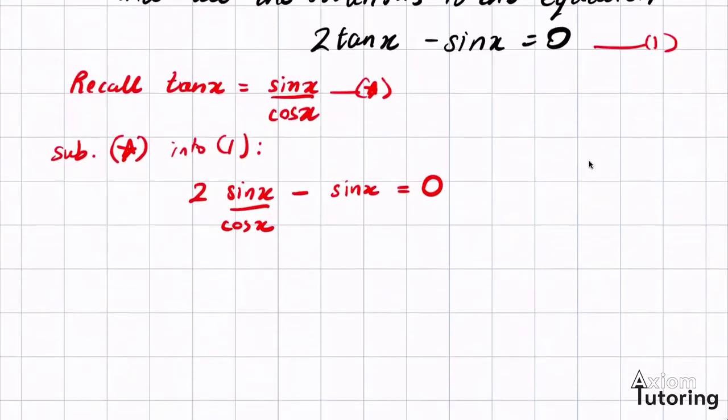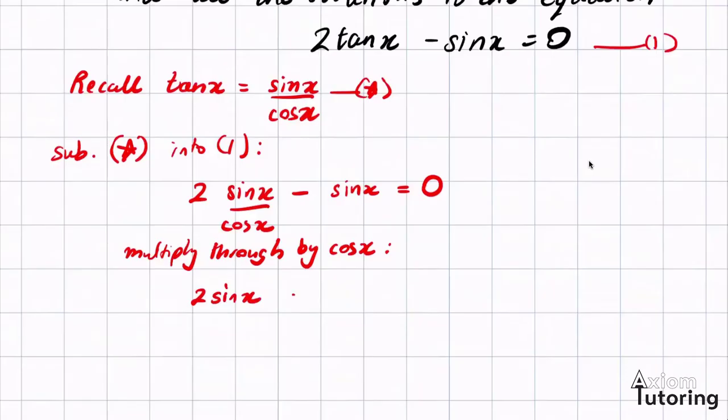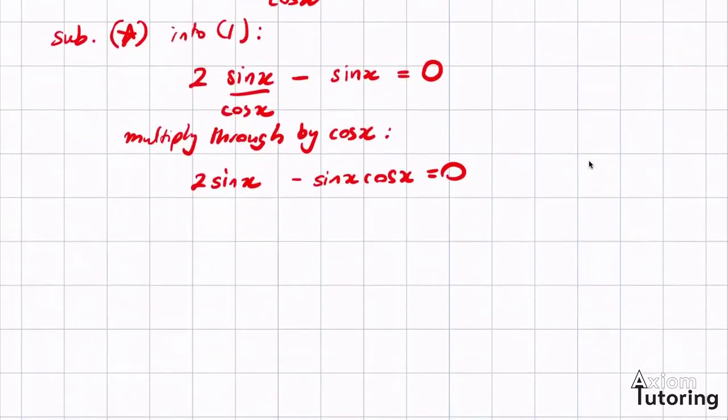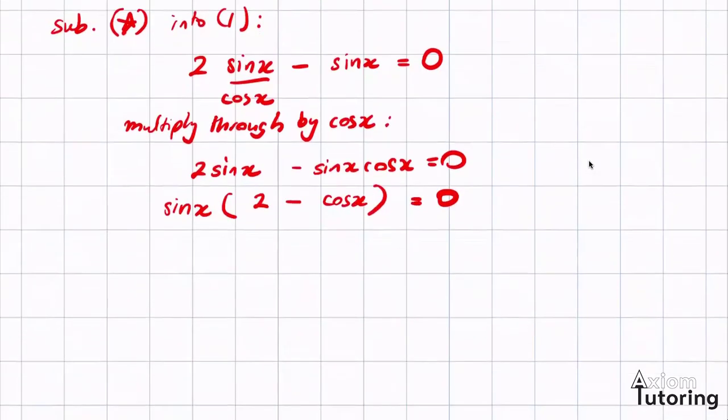So from here, we can multiply through by cos x. And so you get 2 sine x minus sine x cos x equals 0. Hopefully you can see here that you can factorize and take out the sine x, and so you're left with sine x times 2 minus cos x in brackets equal to 0.